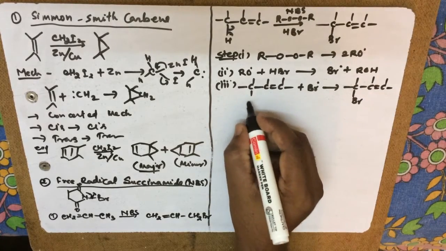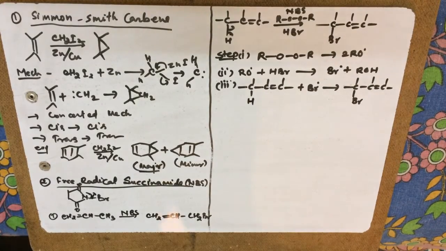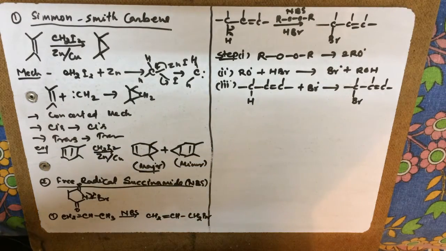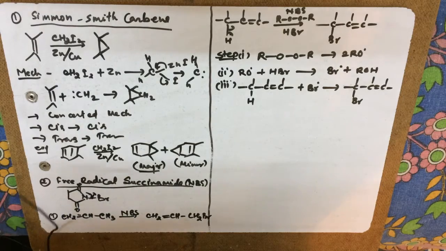So this is the way to produce your product. Following these 3 steps you will reach your product. Okay, hopefully you guys understand.